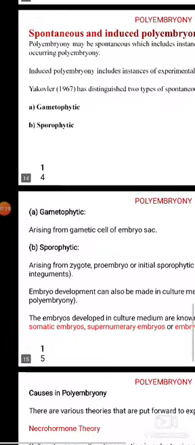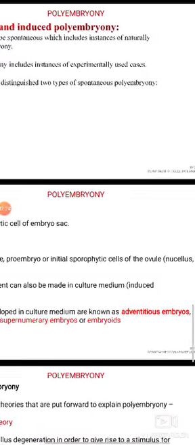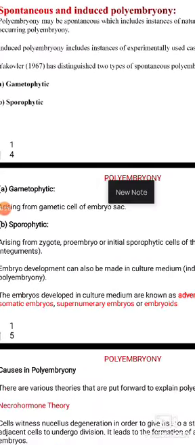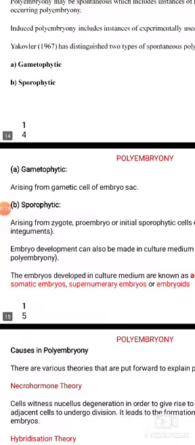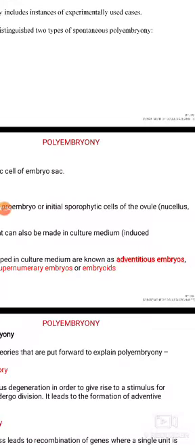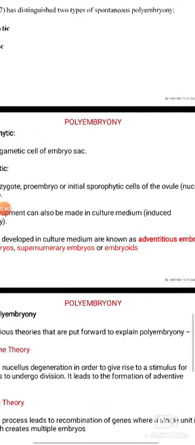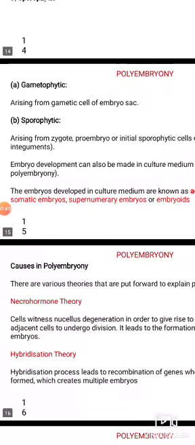Embryo development can also be made in culture media, which is known as induced polyembryony. The embryos developed in culture medium are known as adventitious embryos, somatic embryos, supernumerary embryos, or embryoids. The causes of polyembryony.